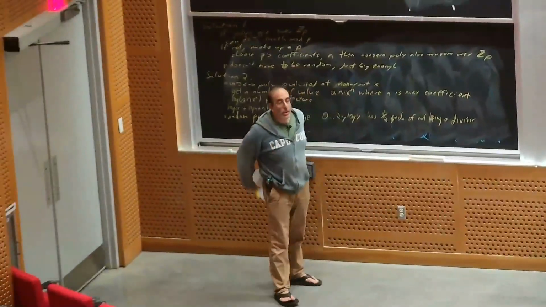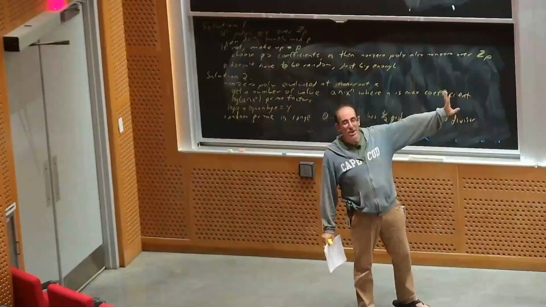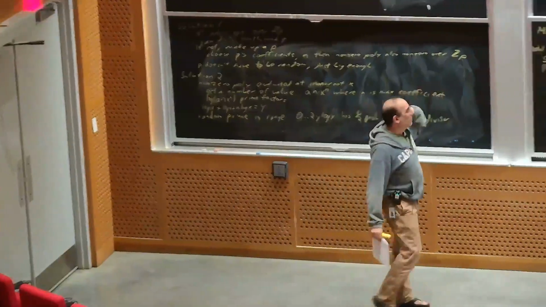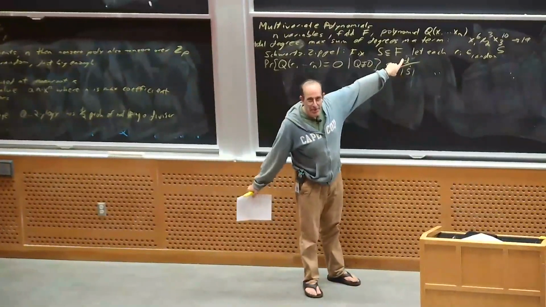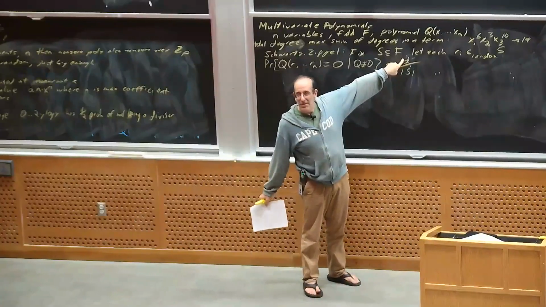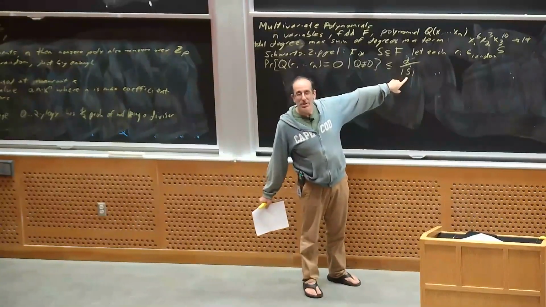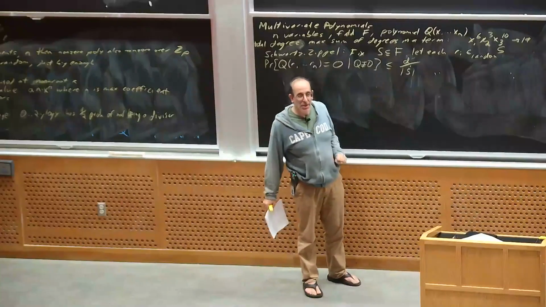Okay. So this is an exact generalization of our story for a single variable, right? When you have a single variable, d is just the usual degree, and we know that there are d roots. And so if you choose from a range of size s, the probability you get one of the roots is at most d over s.